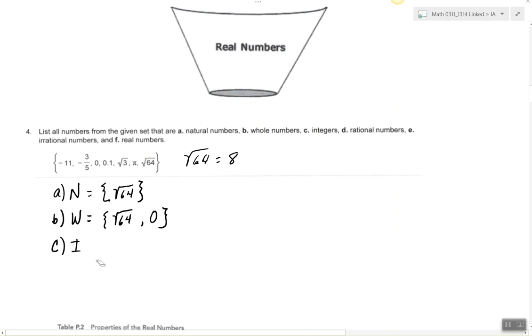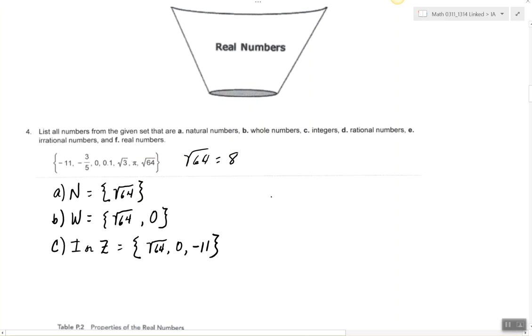Oh, I used I, but typically they use letter Z for integers. You don't have to worry about that. All right, everything that is a whole number is an integer, so I can put square root of 64 and 0, but any negative whole values are also integers, so as I look at my set of numbers, it looks like negative 11 will fit into that set as well.